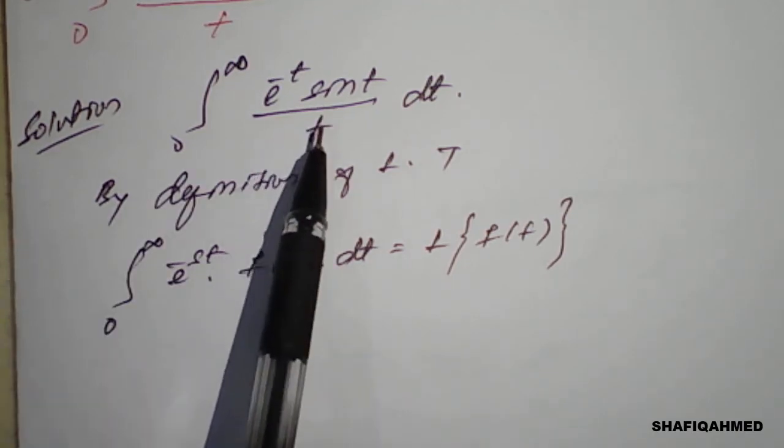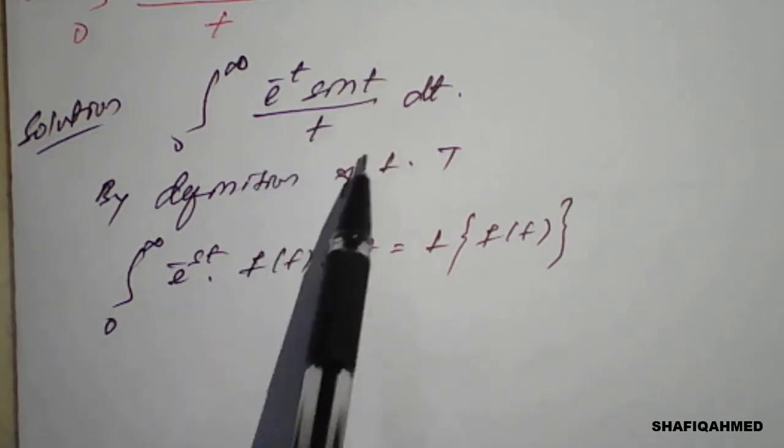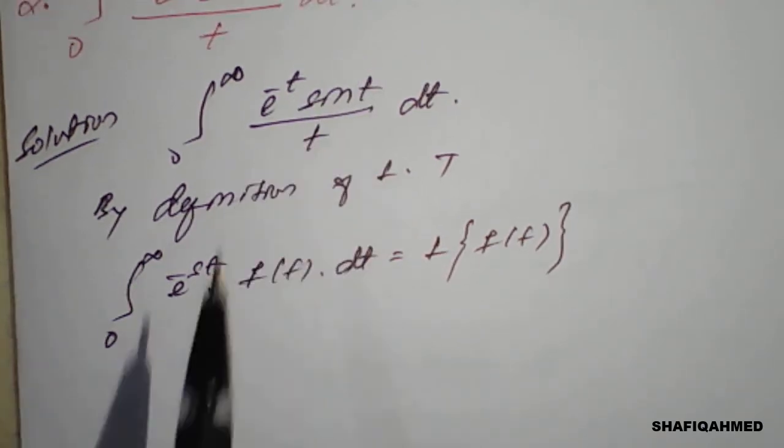So from the given question I can say that sine t upon t is nothing but our given function f of t.